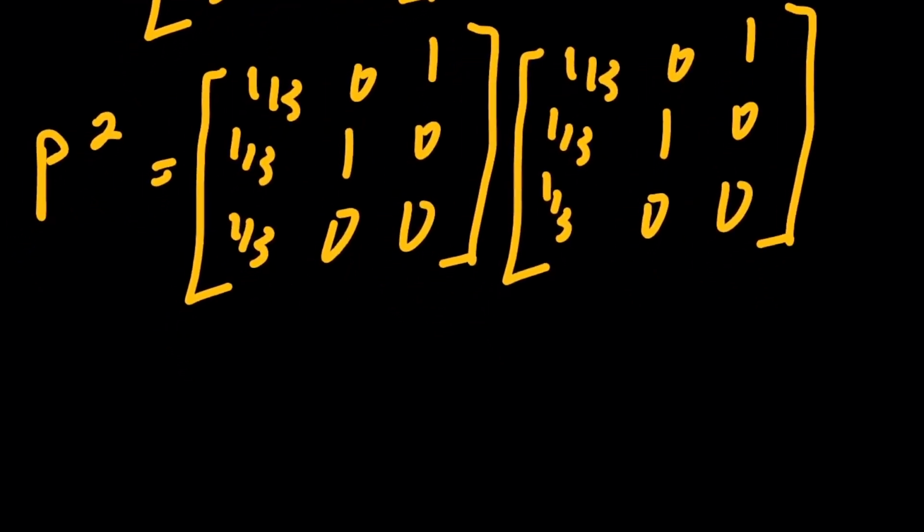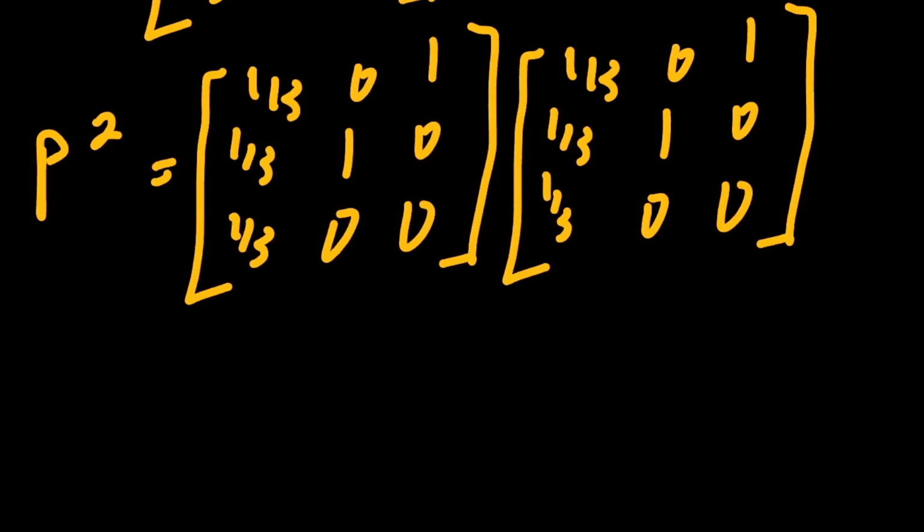Well, for every power of P, each entry within the matrix has to be a positive non-zero number. So if you're taking P to several powers and you get consistent zeros for each power, that indicates that the stochastic matrix is not regular.